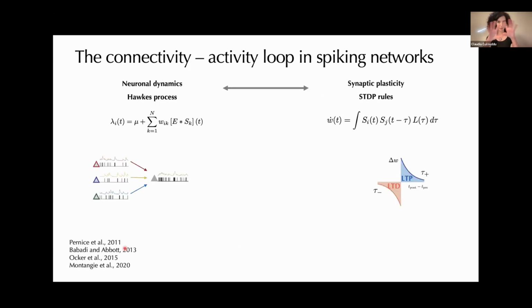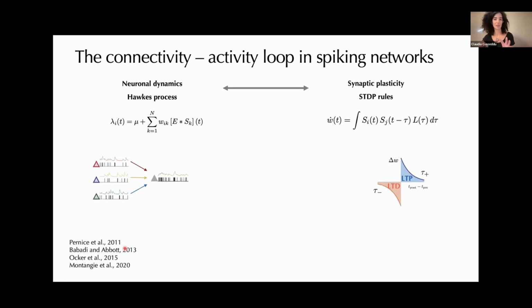And just to summarize this first framework, on one side we have neural dynamics modeled as Hawkes processes, and on the other side we have synaptic plasticity modeled with STDP rules. And this framework, when we put these things together, has been used also in previous work, and we can also add a third hypothesis, which is the separation of timescales.